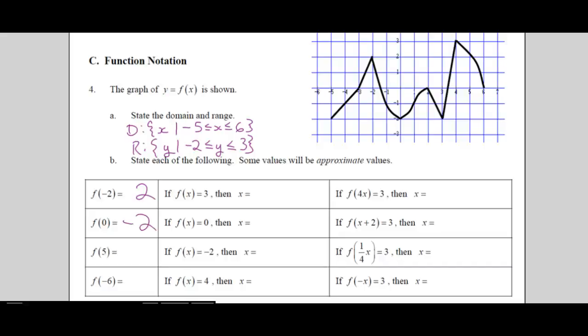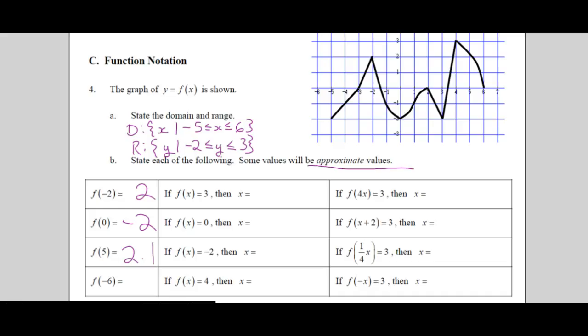Or sorry, f of 5. So that's why we don't want to say it in words, right? What's the value of y when x is 5? So we say, what's f of 5? What is f of 5? Okay, it says some values will be approximate.